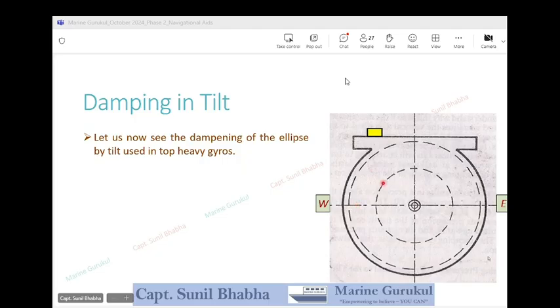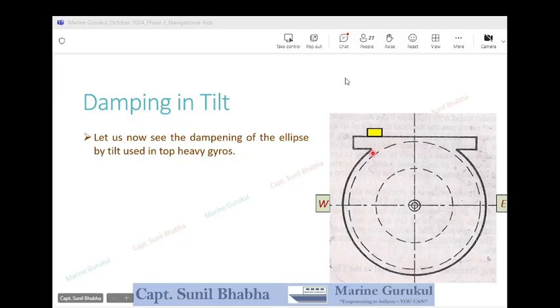When you are looking at the rotor and the spin axis from the south end, you will be able to see the entire rotor. The dotted line represents the rotor, and the solid line which you see outside represents the rotor casing. As I told you before, this rotor casing is connected to the rotor via ball bearings.